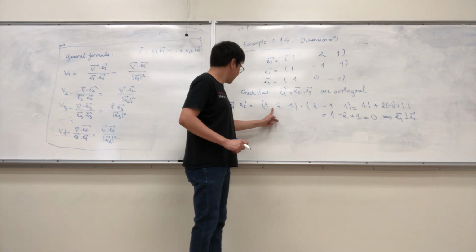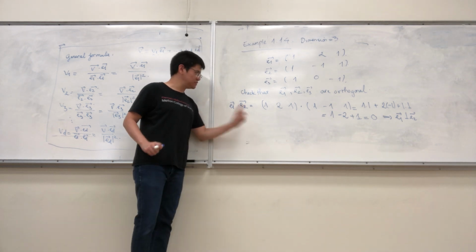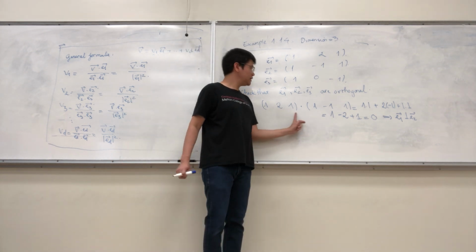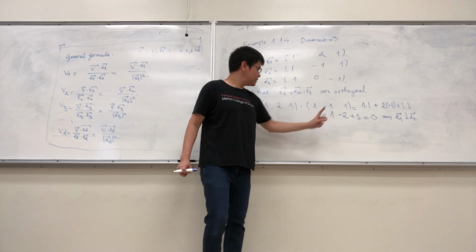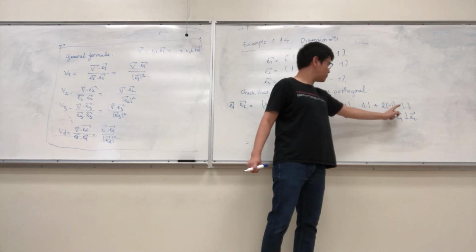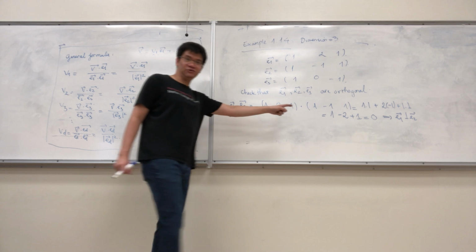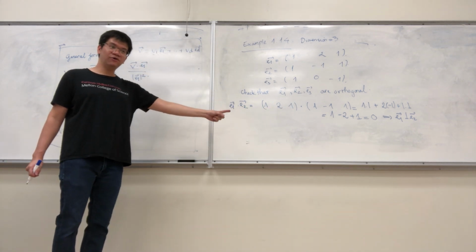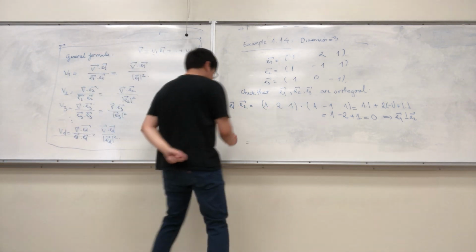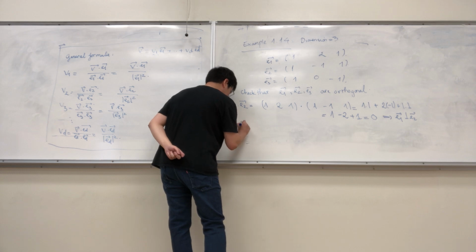So first I'm going to check E1 times E2. I have (1, 2, 1) times (1, -1, 1). So this is 1 times 1 plus 2 times -1 plus 1 times 1, and this is 0, which means that E1 is orthogonal to E2. Now I have E1 times E3.